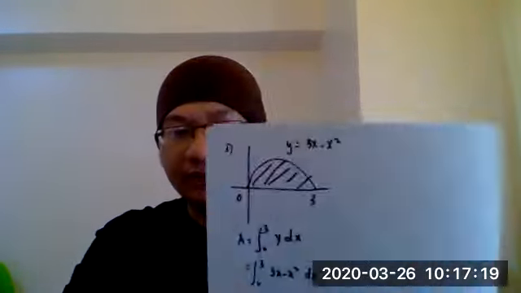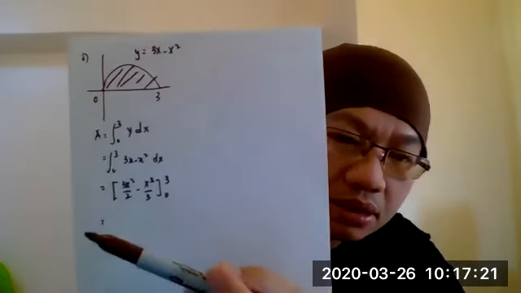Okay, so when you do a normal integration, you are supposed to get this one.